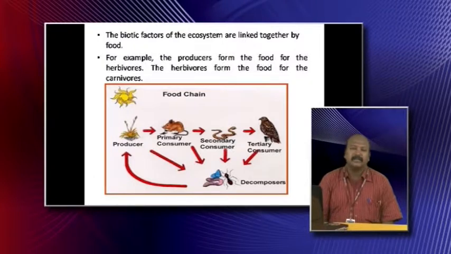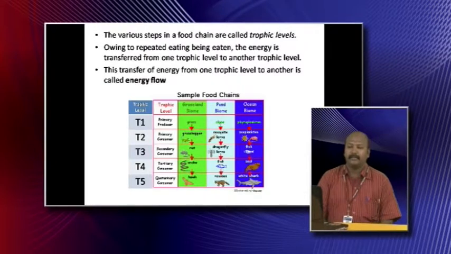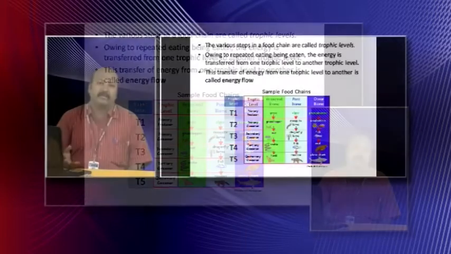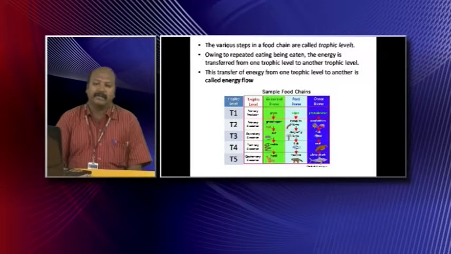Various steps in a food chain are called trophic levels, owing to repeated eating and being eaten. The energy is transferred from one trophic level to another trophic level. This transfer of energy from one trophic level to another is called energy flow. Some samples of energy flow are given here for your reference.